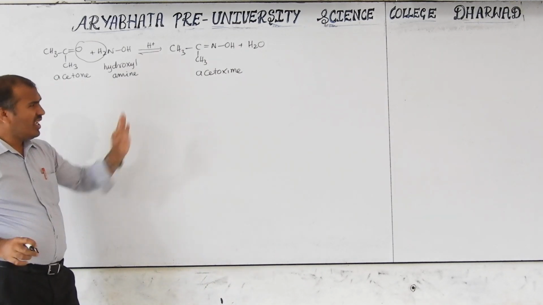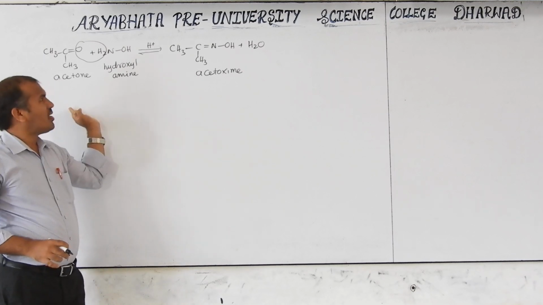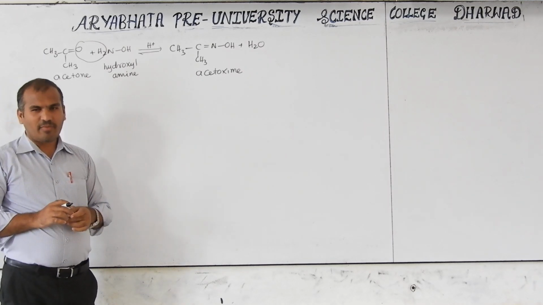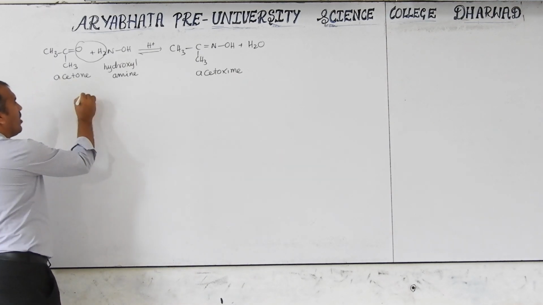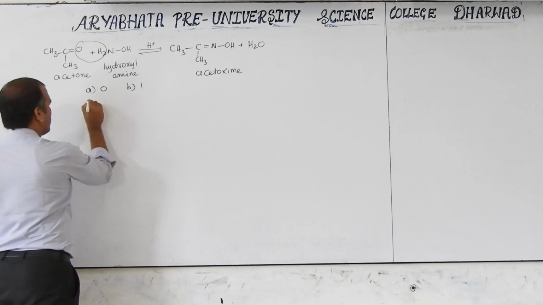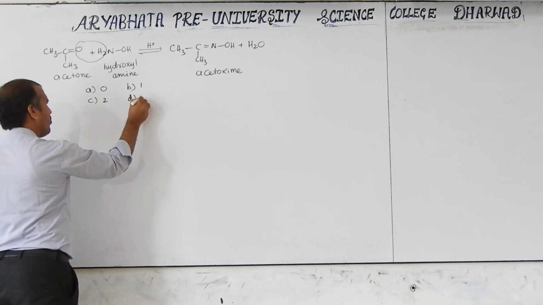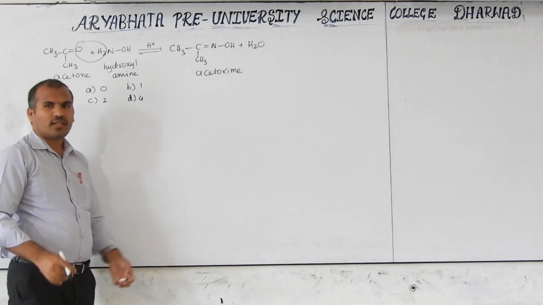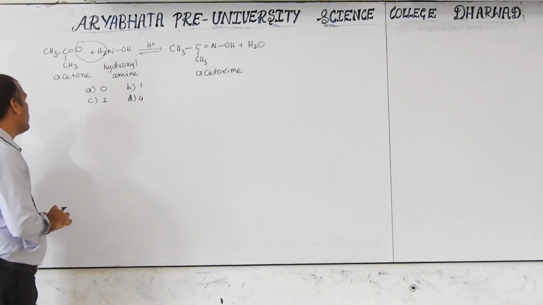Now here the same question: when acetone reacts with hydroxylamine, how many products are possible? The question is the same, the options are changed: A 0, B 1, C 2, D 4. Those are your options given here. You have to answer.